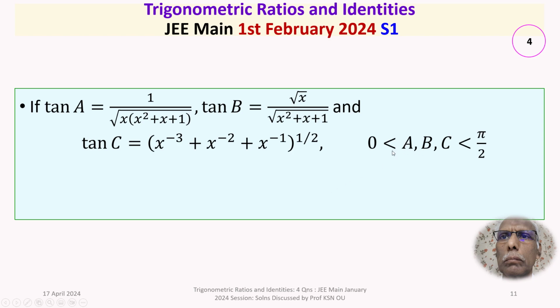So that means each of these lies between 0 and pi by 2. That means each of A, B, C belongs to the open interval 0 to pi by 2.